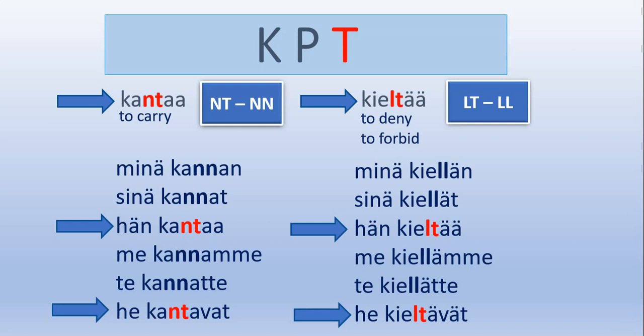And the final example of gradation with the consonant T comes here. In consonant combinations RT, the T changes into R, as in the verb to tell, which is kertoa in Finnish.